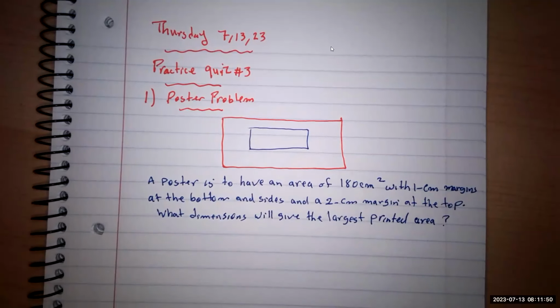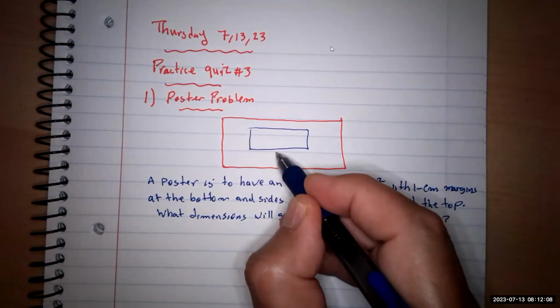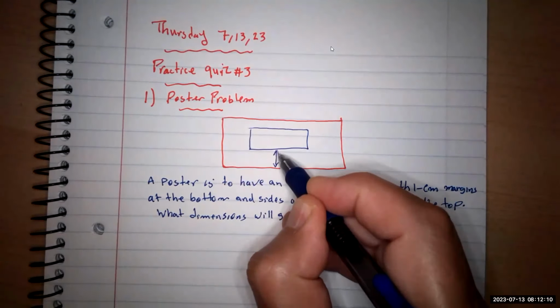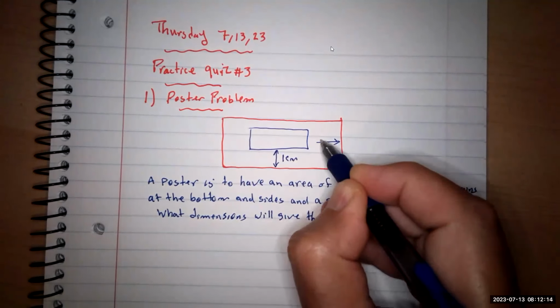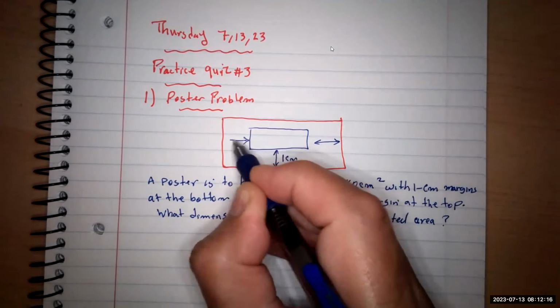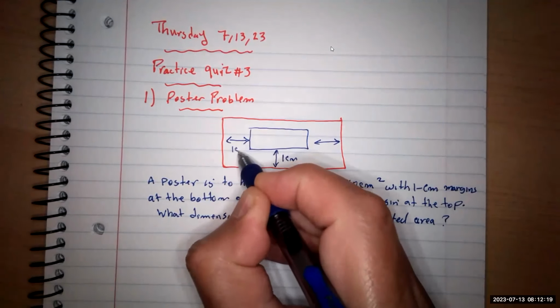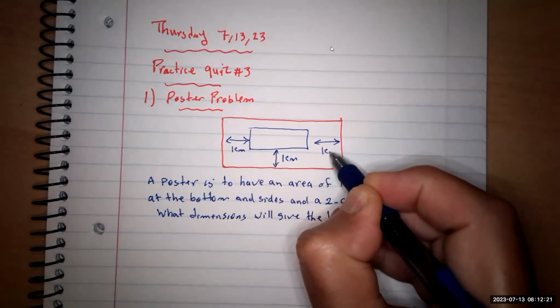In the one that we did, we gave you the area of the printed part. But in this problem, the area of the poster is given to you. The red one is going to be the poster. The blue one is going to be the printed part. So you identify the margin. The margin down the bottom is 1 centimeter, and the sides, to the right and to the left, are all 1 centimeter.